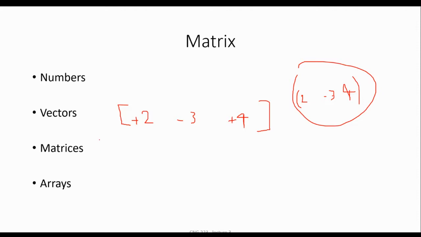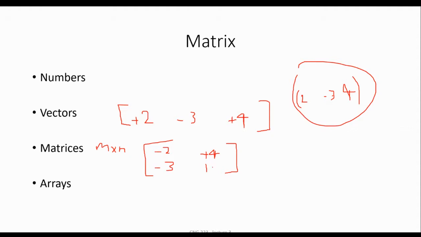And whenever we talk about matrices, we don't necessarily have only one row. We could have, for example, an m by n size. For example, I can define a matrix like this: 2, 3, 4, 1, something like that.